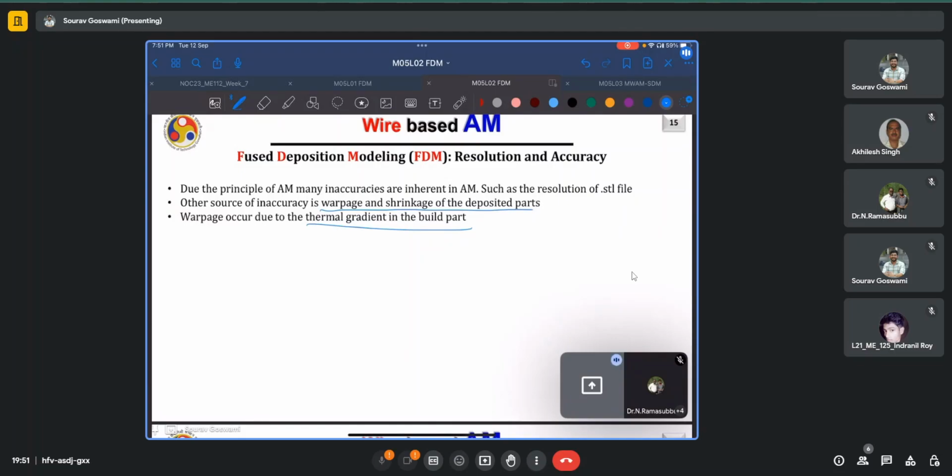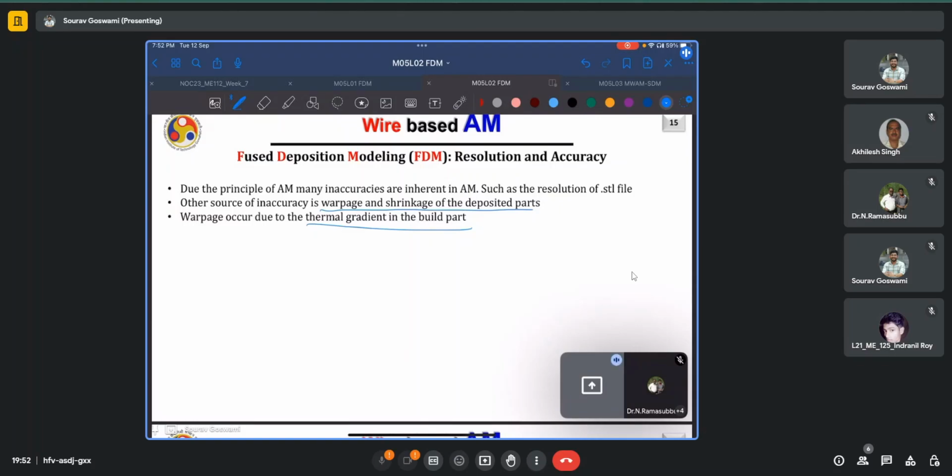To decrease this thermal gradient, to prevent warpage and to induce good adhesion between the deposited material and the build plate, we do two things. First, we apply some glue. That glue is very basic glue, like Fevigum or something like that, with a glue stick. Second, we often heat the build plate or the substrate.